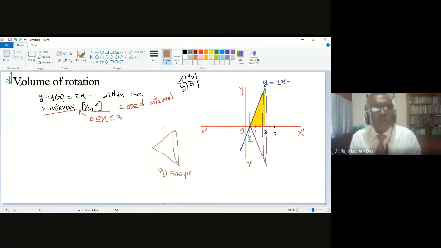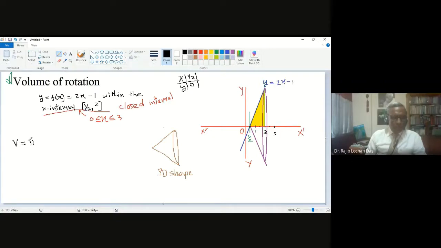So what is the formula we have for volume of rotation? Already we have the formula. Volume is equal to pi, and the integration symbol, with lower limit half and upper limit 2, and the function is y square.